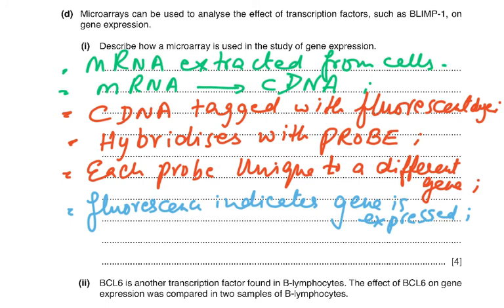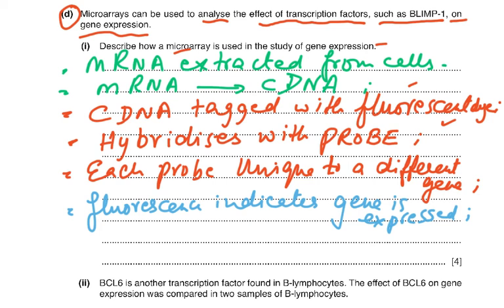Then let's come to the D part of the question. Microarray can be used to analyze the effect of transcription factors such as BLIMP1 on gene expression. Describe how a microarray is used. Now, this is a very direct question. We've done this in a previous paper as well. mRNA extracted from cells, mRNA then of course used to synthesize cDNA, then cDNA tagged with a fluorescent dye, hybridizes with a probe.